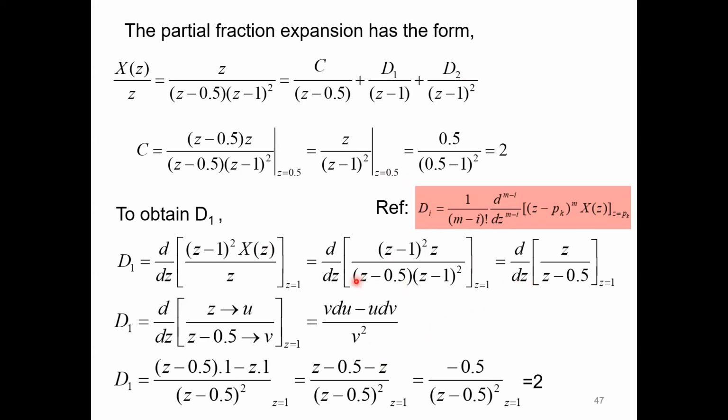So z over these two terms in the denominator. Then you have to simplify this one. z minus 1 cancels out, right? And z over z minus 0.5.